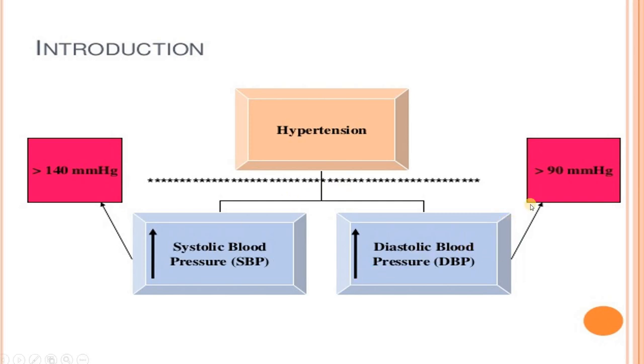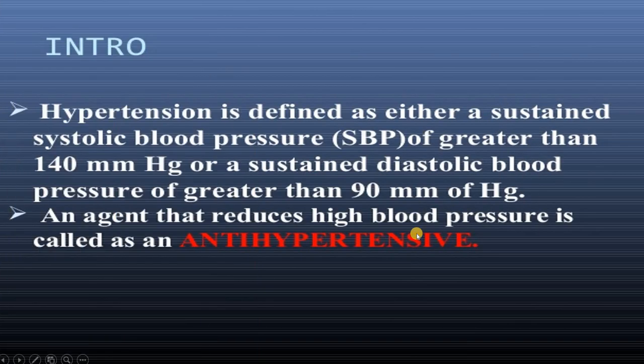When the diastolic BP is greater than 90 and systolic BP is greater than 140, at that time we can say this patient is having hypertension. Next, hypertension is defined as sustained systolic blood pressure of greater than 140. Already we discussed it is greater than 140. We said this is the diastolic, increased diastolic blood pressure.